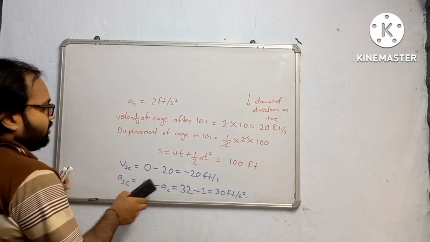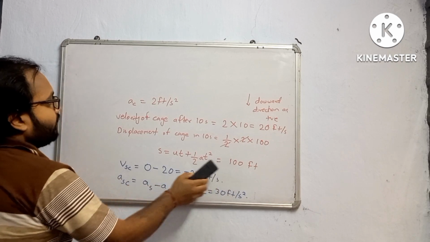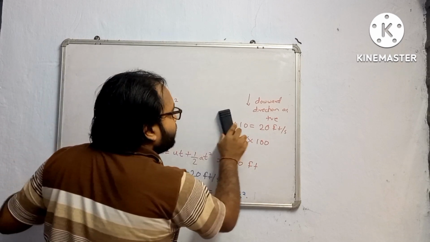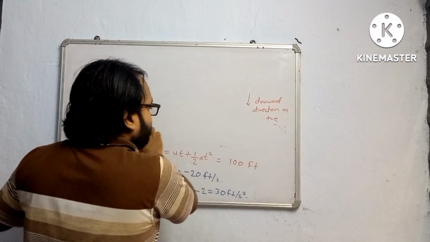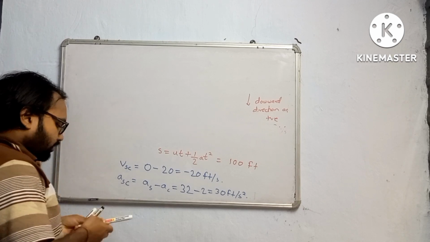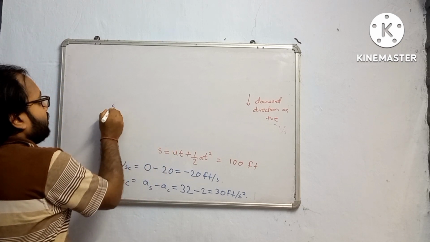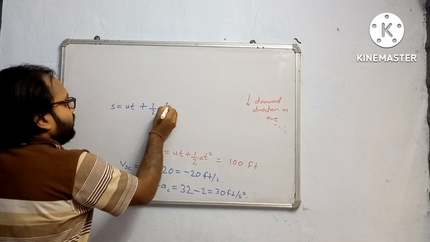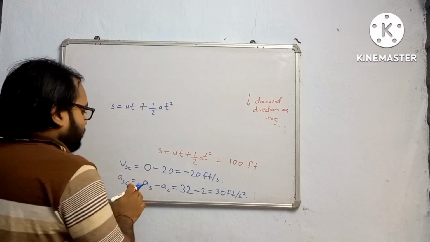So I am erasing this. We have got 100 feet it has to cover. Okay, we know the formula. S is equal to ut plus half at square. Everything is relative here.